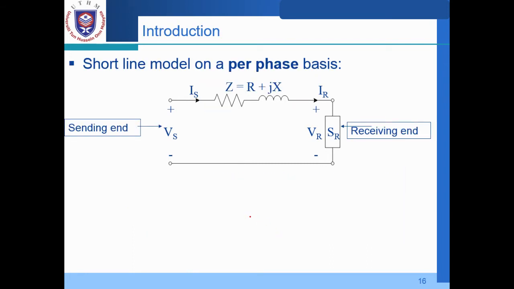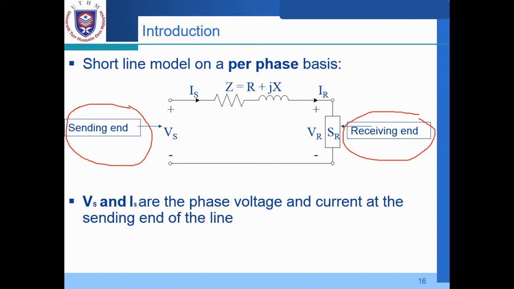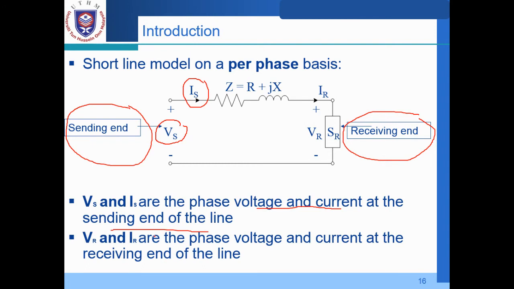Short line model on the per phase basis again. We have the sending end part over here, and then the receiving end part. Vs and Is are the phase voltage and current at the sending end of the line, the supplying part. Then we have VR and IR, the phase voltage and current at the receiving end of the line.